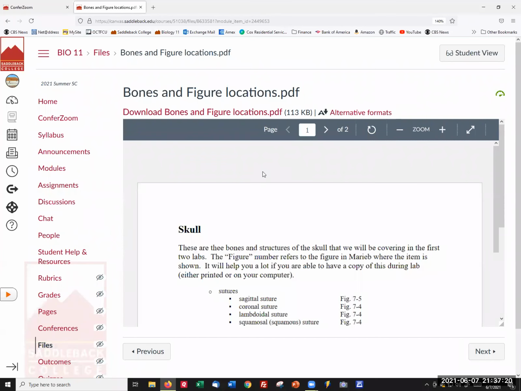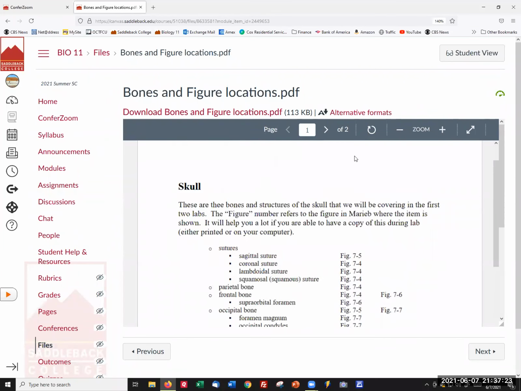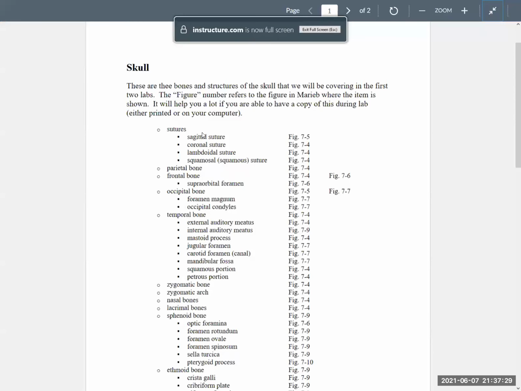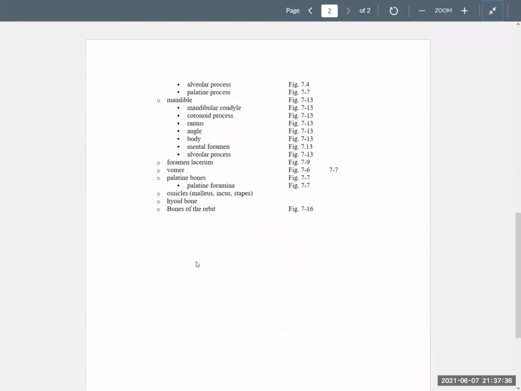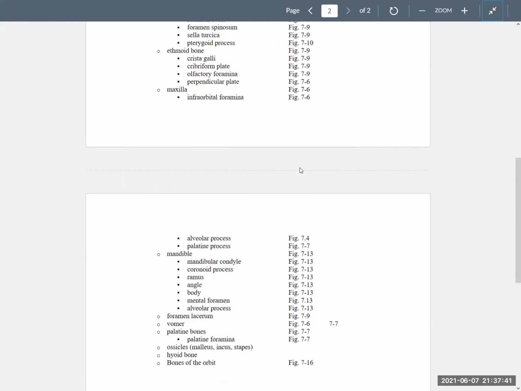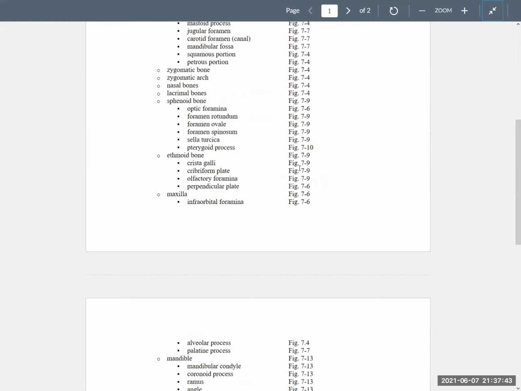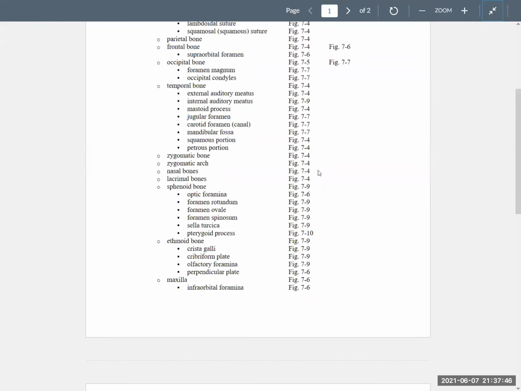Bones and figure locations. Okay, these are the names of the objects that we're going to be looking at in the skull. The one thing about using Marieb, whether it's volume 1, 2, 7, 8, or 9, they keep the same figure numbers.